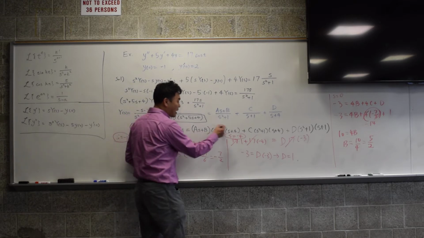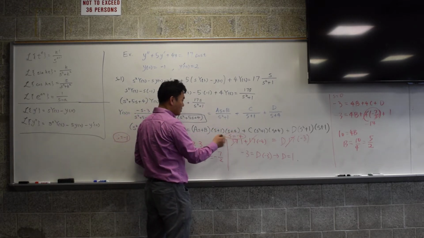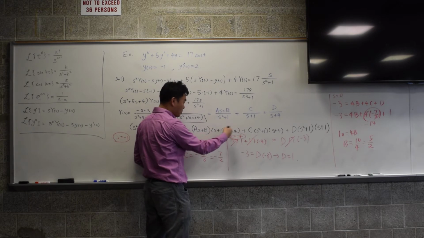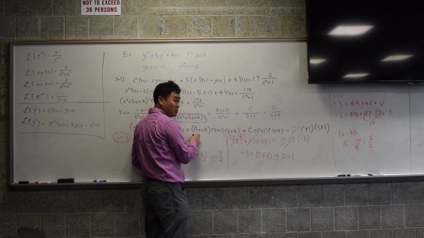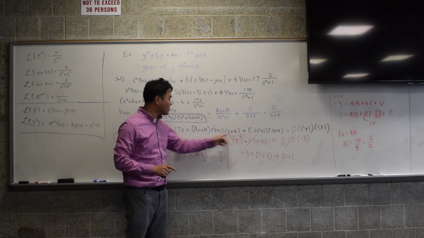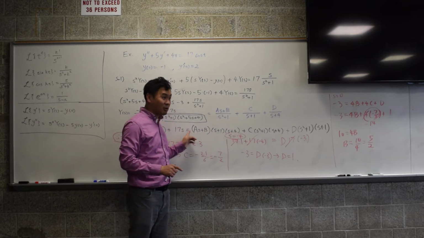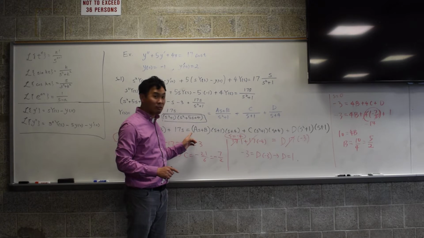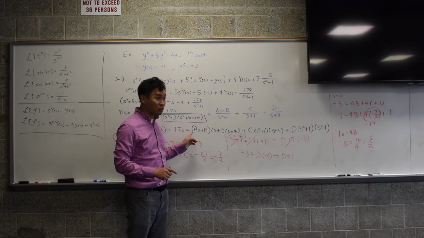If you FOIL this out, this will give you s squared, that's the highest order, right? But if you multiply it with this, you're going to get s cubed. So the highest order term that's going to be produced from here is s cubed with what coefficient? A s cubed, right?